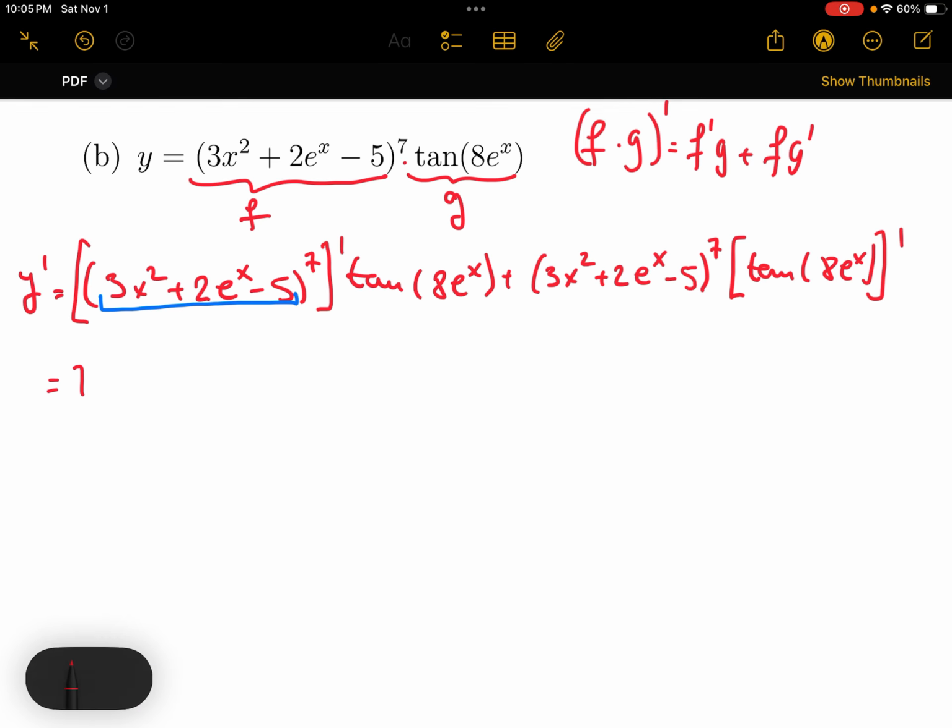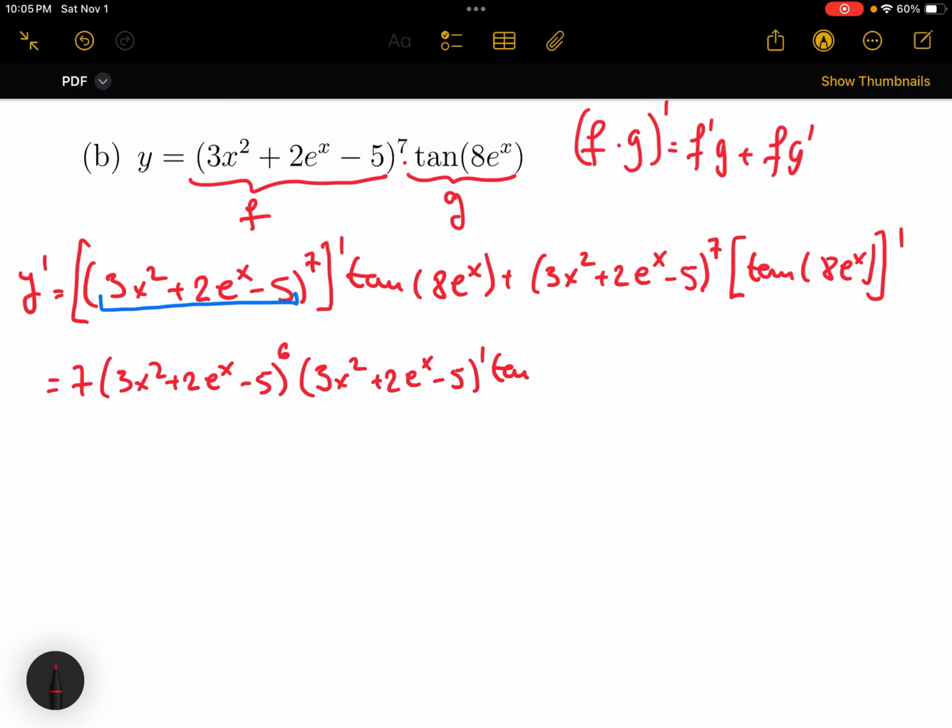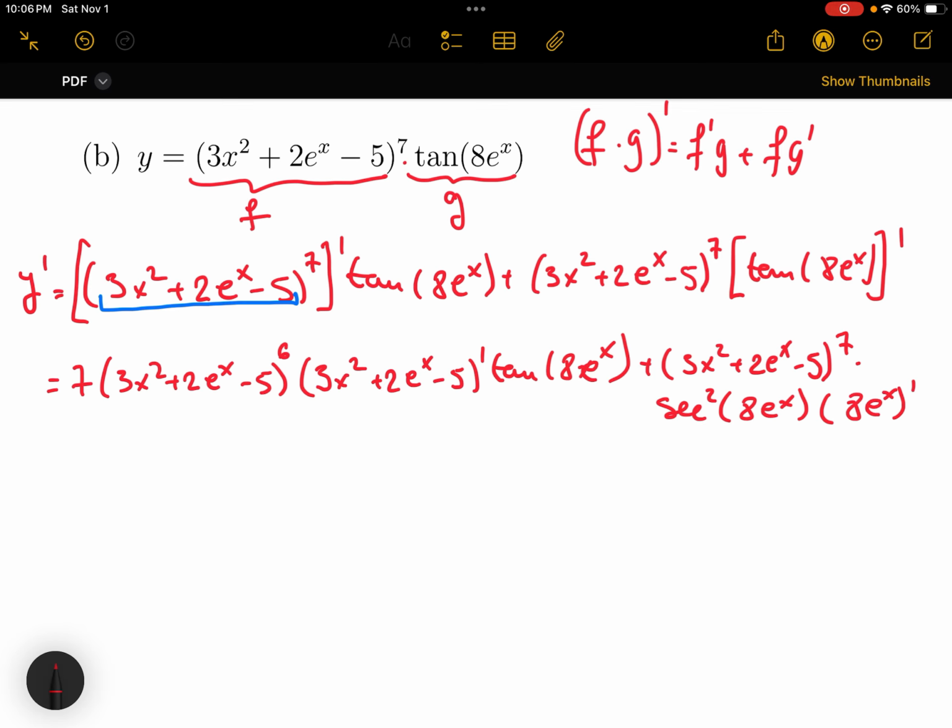Then the derivative is going to be 7 times 3x squared plus 2 times e to the power of x minus 5 to the power 6 times the derivative of the inner function 3x squared plus 2 times e to the power of x minus 5, prime, times tangent of 8 e to the power of x, plus 3x squared plus 2 times e to the power of x minus 5 to the power of 7 times the derivative of tangent, which is secant squared of 8 e to the power of x times the derivative of the inner function. So again, I'm using the chain rule here, 8 e to the power of x prime.